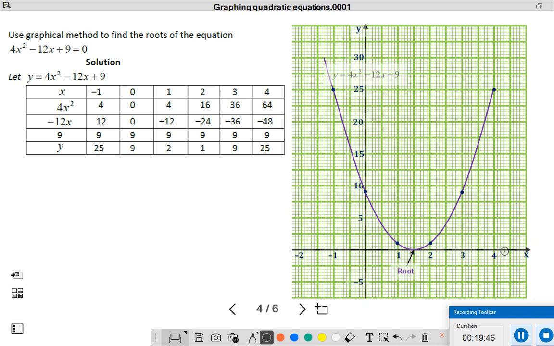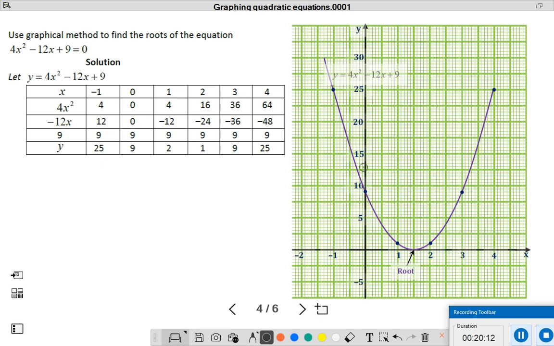So you have to plan before drawing or getting your scale. I cannot use 1, 2, 3, 4, and I cannot use 2 because the value 25 is very big. So I took 5, 10, 15, 20, 25, every two big boxes. So you always need to learn how to get the appropriate scale.